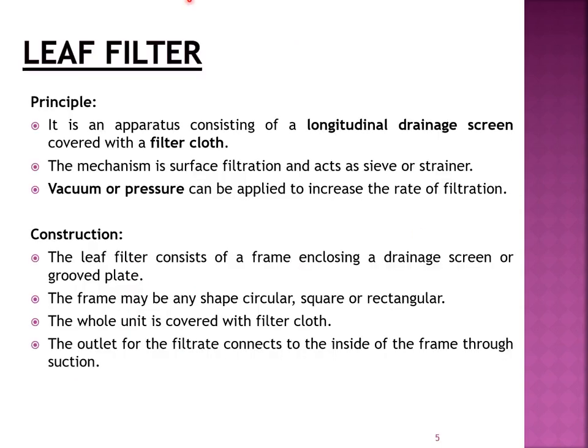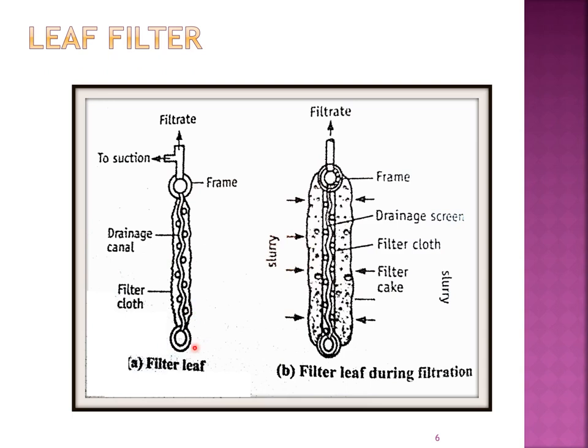Let us discuss one such example of filtration with the equipment's principles and operation. I have chosen the leaf filter for discussion. As the name suggests, the leaf filter has leaf-like structures for performing the filtration operation. Here, the external force applied is vacuum or suction.